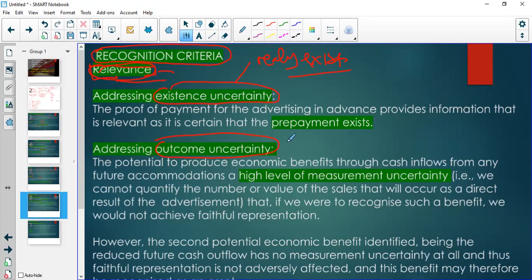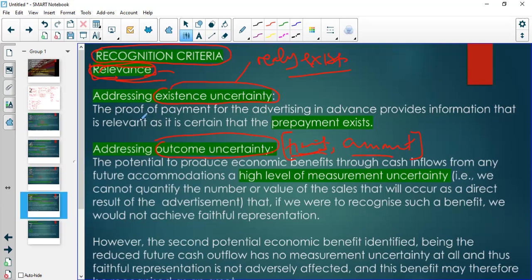So outcome uncertainty is, do we know the time and the amount of the benefits? Remember, we've already identified the benefits. Now we need to know the timing and the amount.